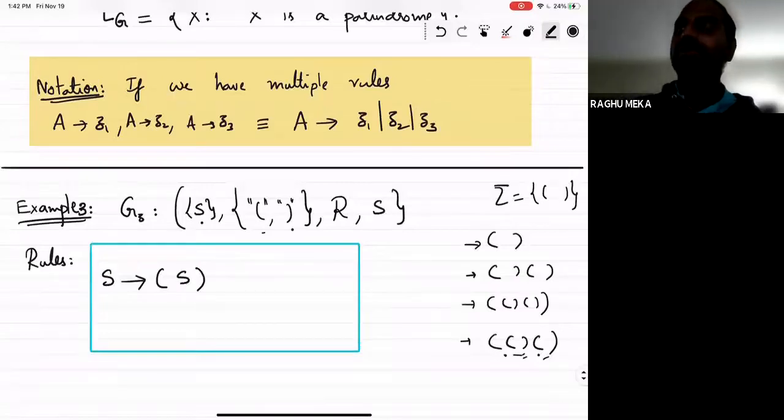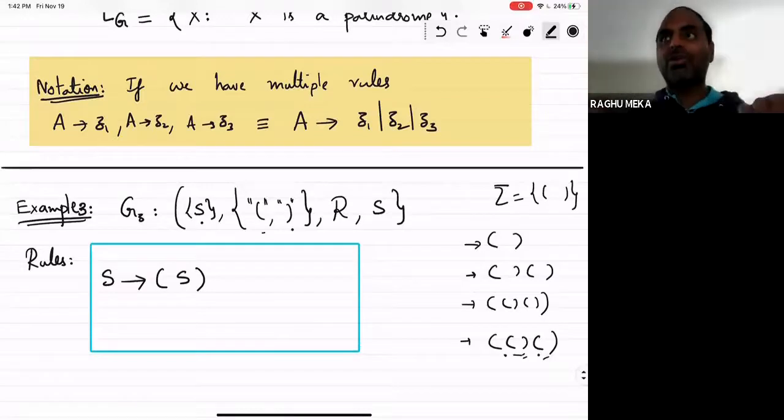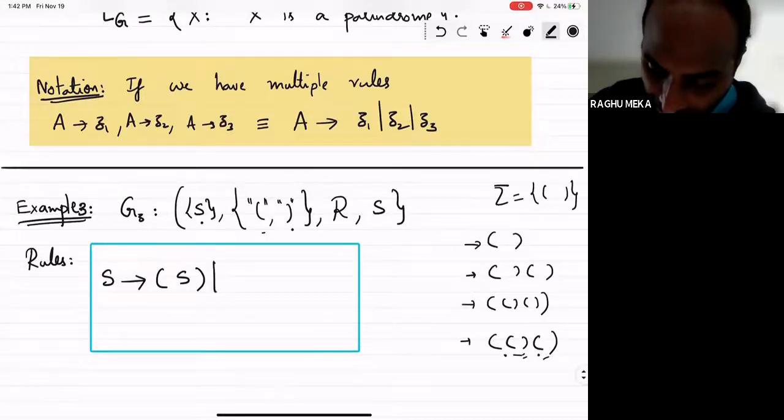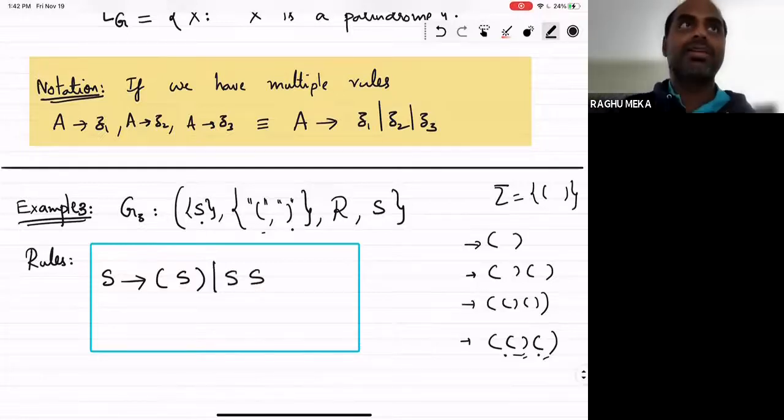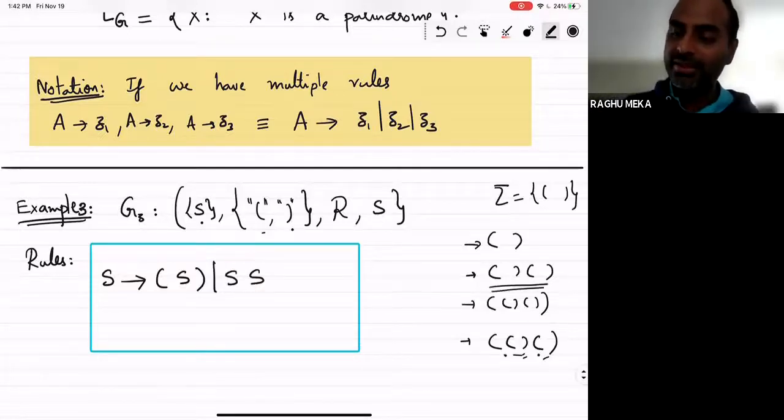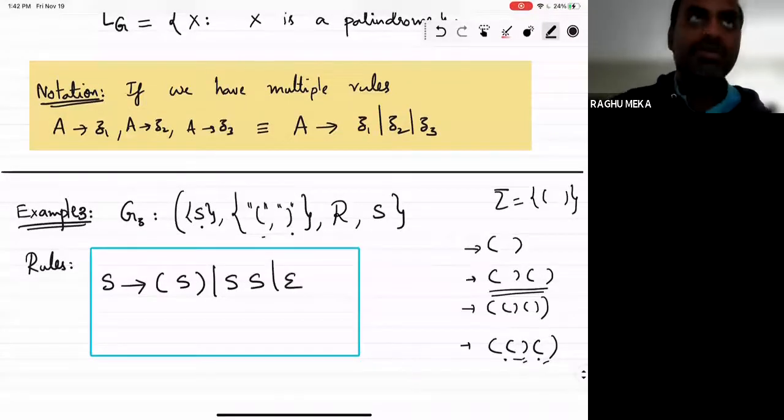This is possible. Given a well-formed expression of parentheses, I can form a new one by enclosing it in new brackets, or I can do S and S. I can always do something like this, or I can just replace it with epsilon.